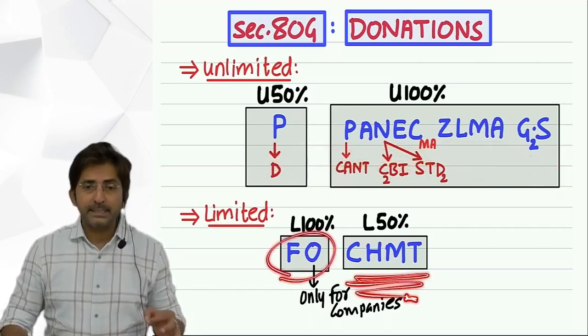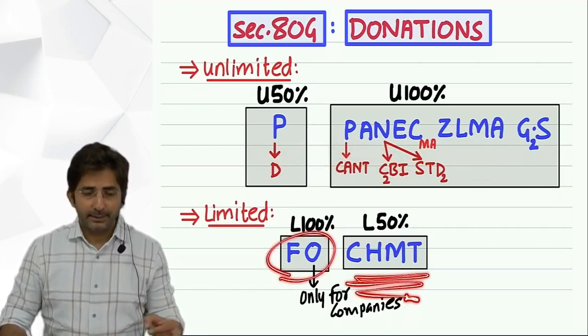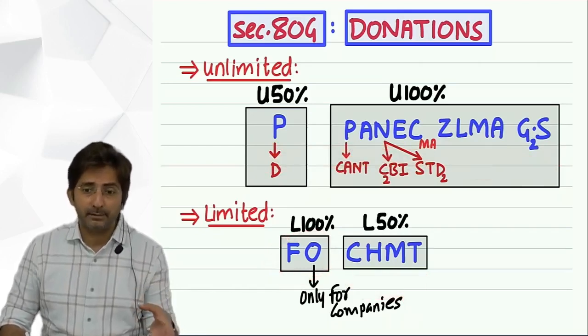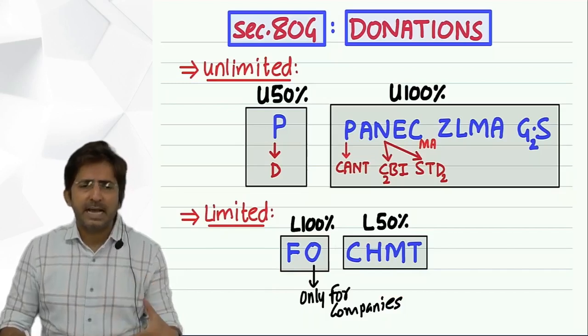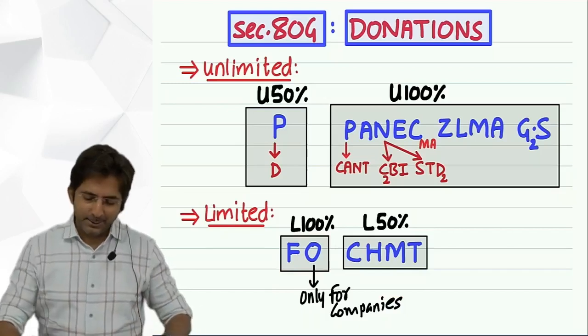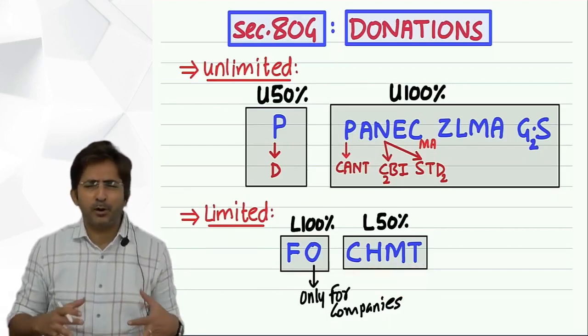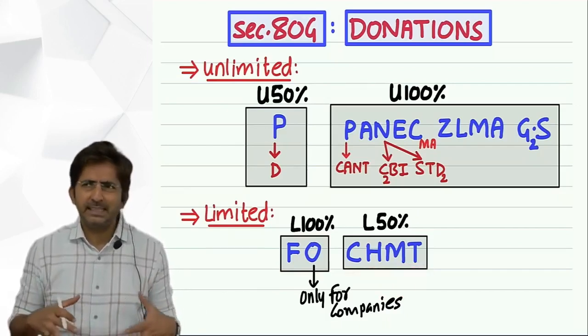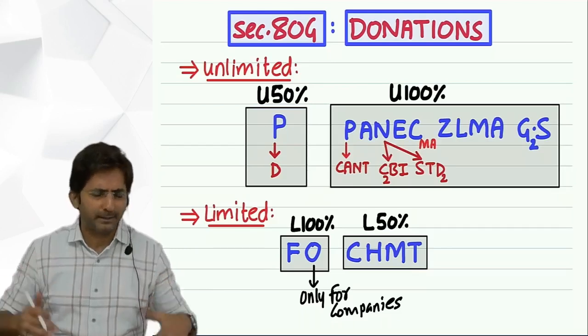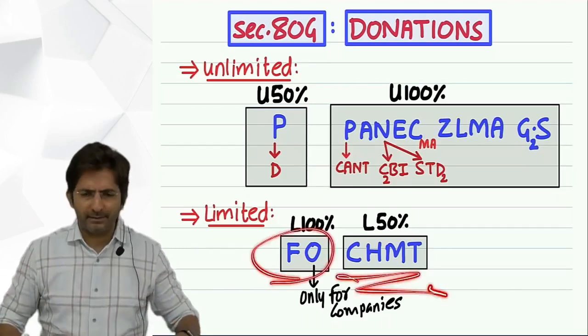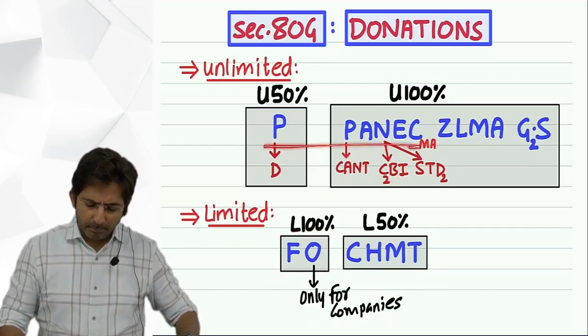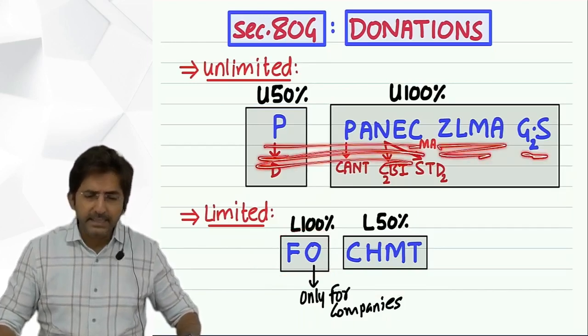Chamat is not literally the spelling. Chamat is a Hindi slang for slap. CHMT cannot be pronounced properly, Chamat sounds better. So this is FO Chamat, and here Panek Zalma GS.